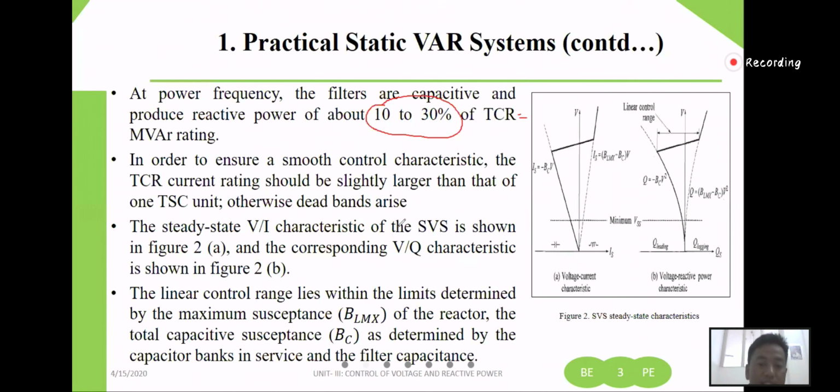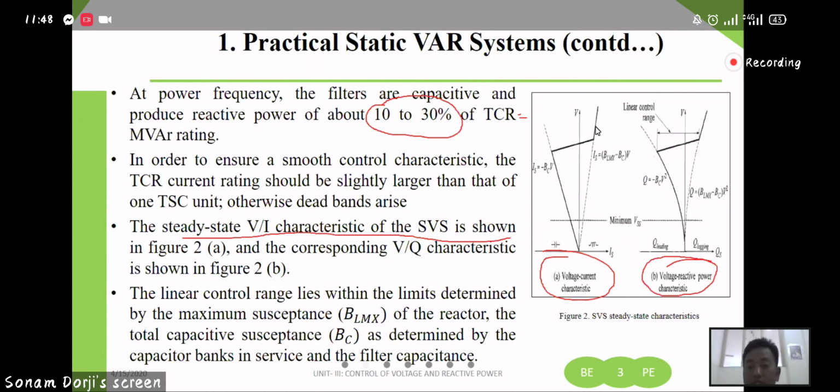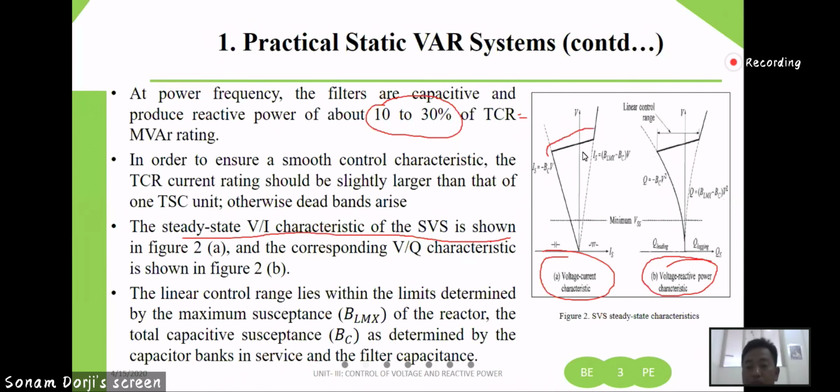Okay, so now we see the VI characteristic and the VQ characteristic, which means voltage-current and voltage-reactive power characteristics. The steady state VI characteristic of the SVC is shown in figure 2A, and the VQ characteristic for a practical system is shown in figure B. Normally, we have seen there is a slope, and here also we have a slope.